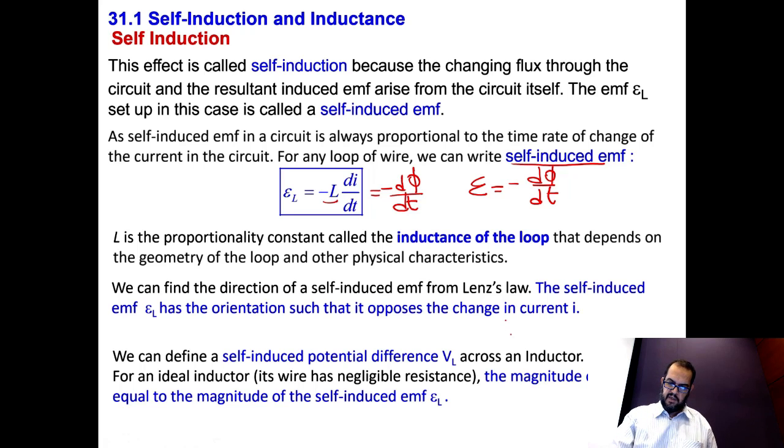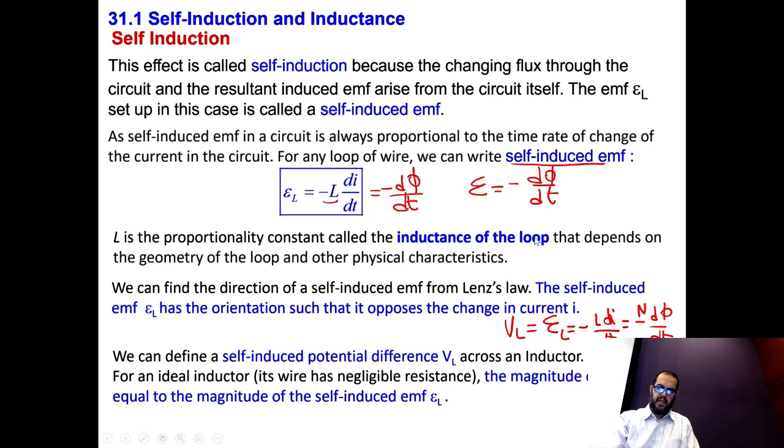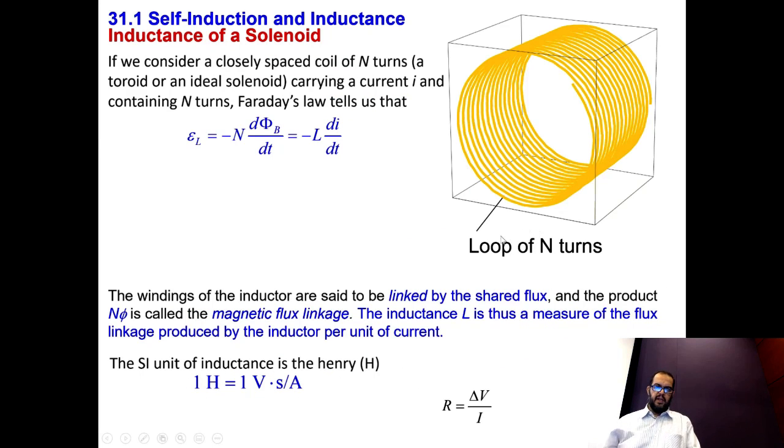So here VL is equal to EL, which is minus L di/dt, which is also equal to minus the derivative of the flux. But since we're going to use a solenoid, it will be minus N d phi/dt. Okay, so here is a circuit with N loops. So this is a solenoid.